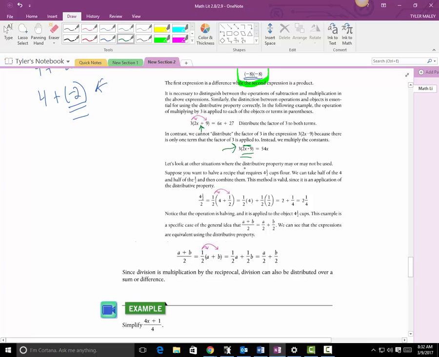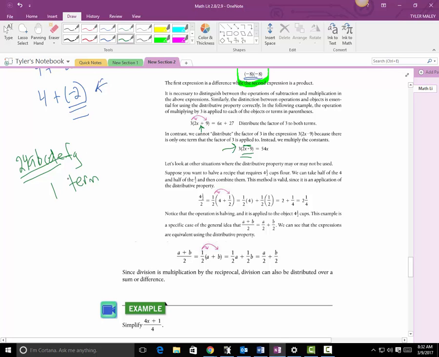Remember that terms are separated by addition and or subtraction. So I could have A, B, C, D, E, F, G, and maybe I'll put 24 up front. This is all one term still. And you could keep adding as many things as you'd like.